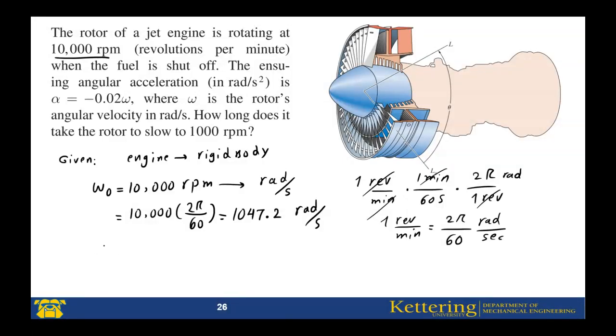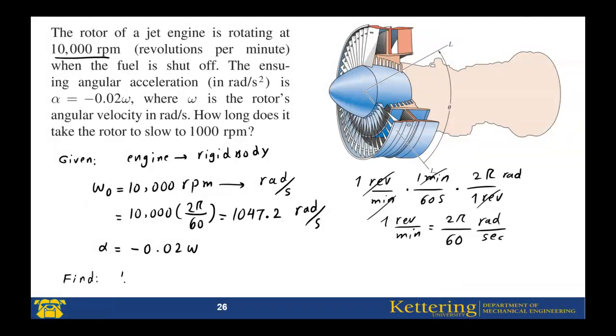Now, alpha z is related using this equation. For example, I can substitute the initial speed omega into this one to find the initial alpha, or angular acceleration. Also, we want to find how long it takes.